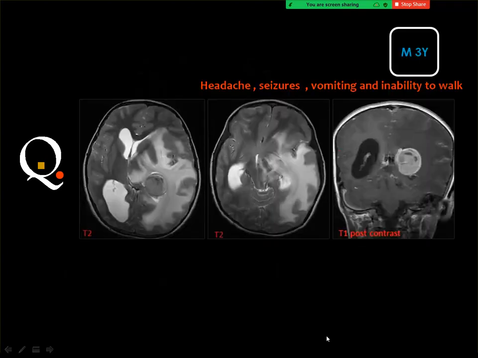whether this surface is medial or lateral, as you remember. Next case, and this is a child 3 years old with headache, seizures, vomiting, and inability to walk. This is T2, and this is T2, and this is coronal T1 post contrast.